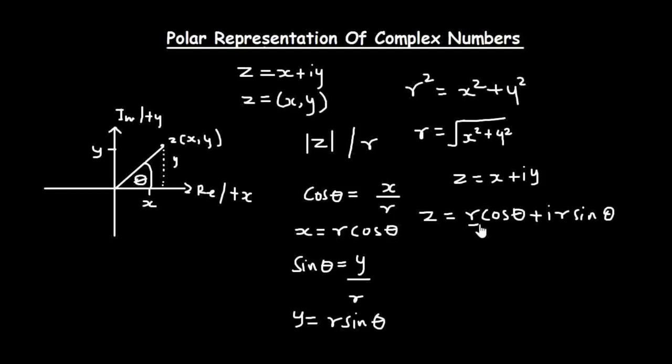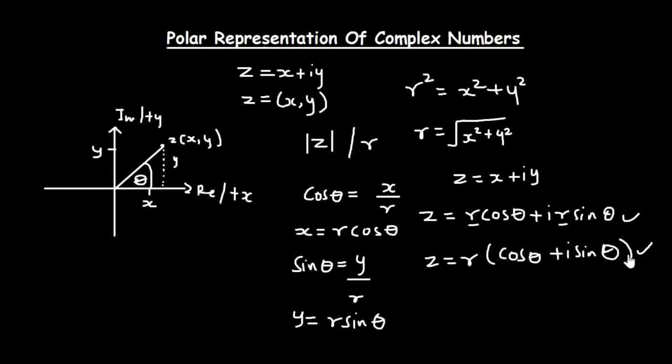You see that r is common to both the cosine and the sine, so let's factor the r out. So we have z equals r outside the bracket, then you have cosine theta plus i sine theta. We call this the polar form of a complex number.